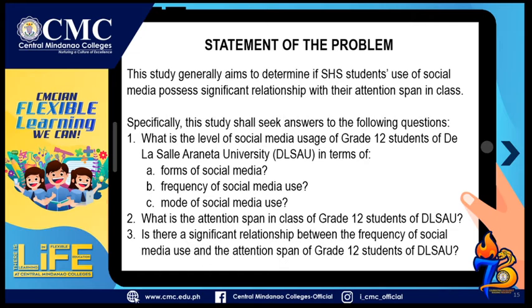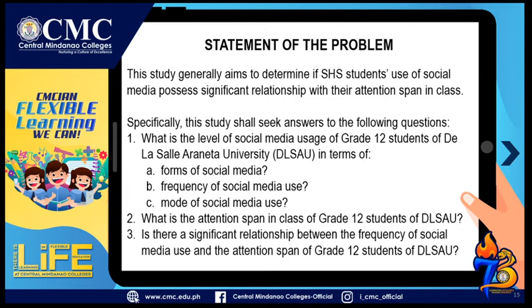Next is, what is the attention span in class of grade 12 students in De La Salle Araneta University? Next, if your research is a correlational research design, is there a significant relationship between frequency of social media use and the attention span of grade 12 students of De La Salle Araneta University?